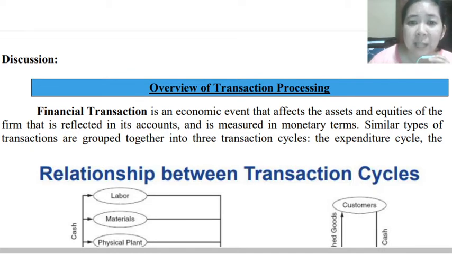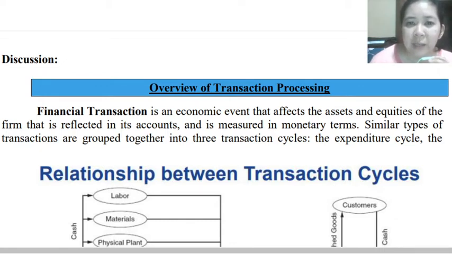So similar types of transactions are grouped together in these three transaction cycles. In the different financial transactions, this makes it easier for an enterprise or a firm to understand how each process should take place, as well as how to document or record it.